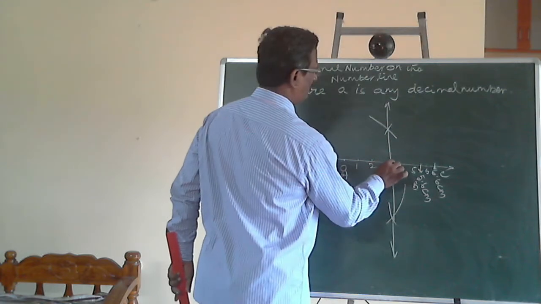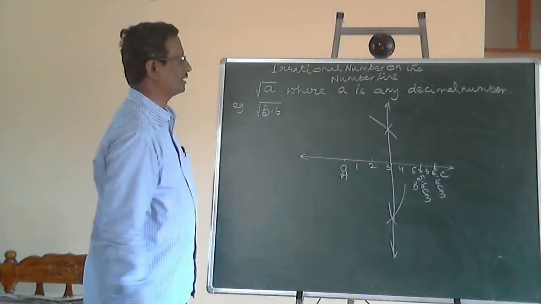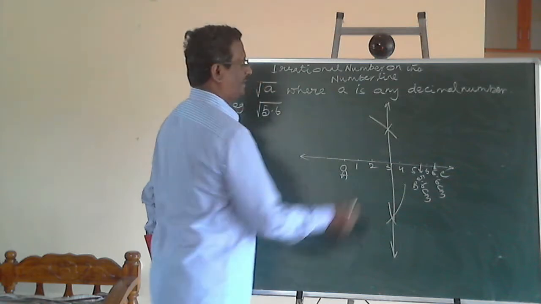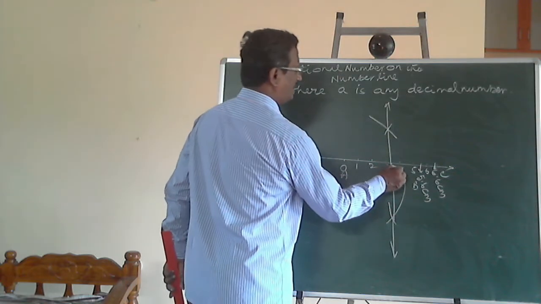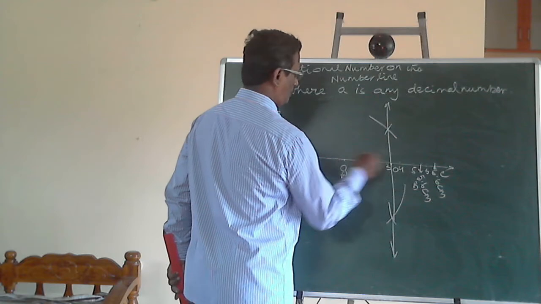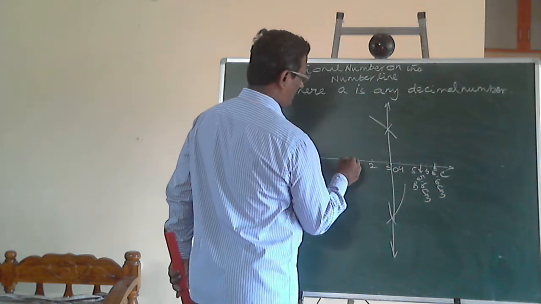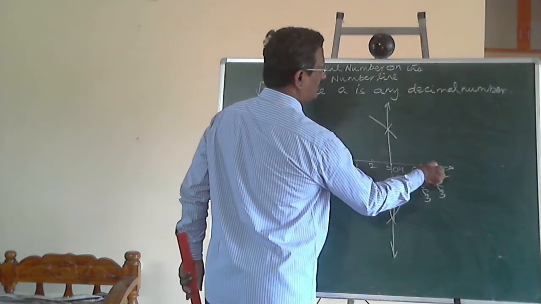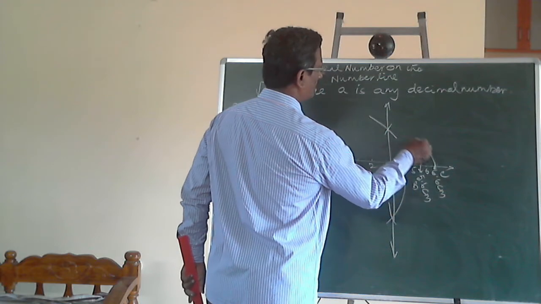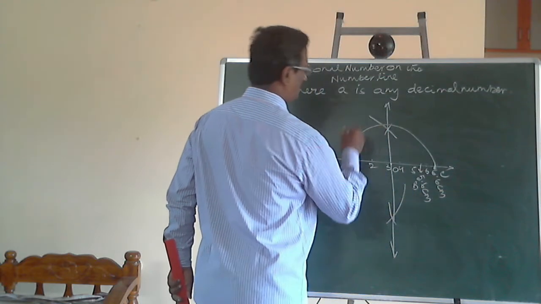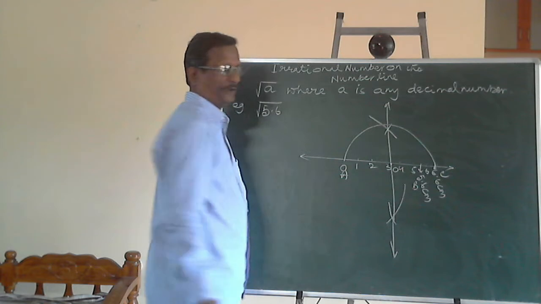This is how we get the midpoint of AC. Taking this midpoint of AC as O, with center O and OA as radius, draw an arc which is intersecting the number line at two different points.